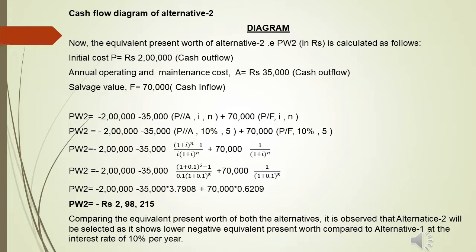If they ask the same problem using the annual worth method, the same procedure applies, everything is the same. In the equation where P by A and P by F are there, those will be replaced.